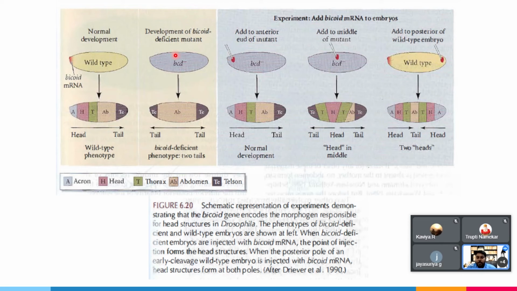So in this particular embryo, which should have had two tails, we are adding bicoid to the anterior-most portion. What happens is this injection essentially rescues the embryo, and we again have the normal wild type phenotype of acron, head, thorax, abdomen, and telson being developed. So the anterior structures are developing perfectly.